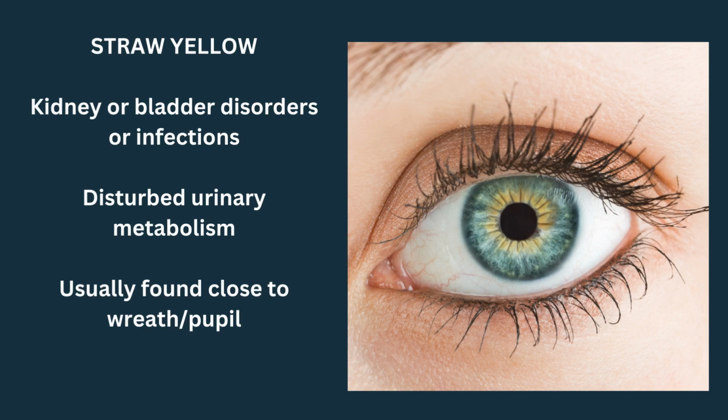It is also seen as a disturbed urinary metabolism, and it's usually found close to the pupil. You don't tend to see this straw yellow color dispersed throughout the eye. It's normally right around the collarette. So if you see this yellow, automatically think kidney and bladder.